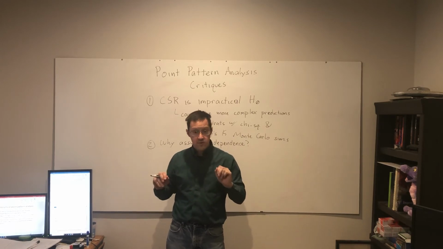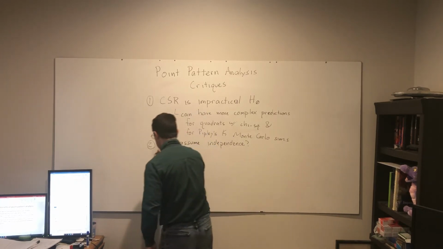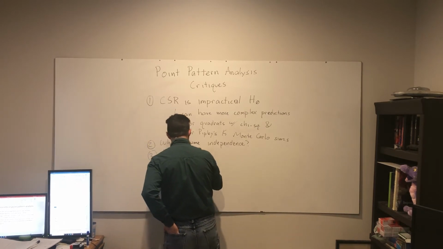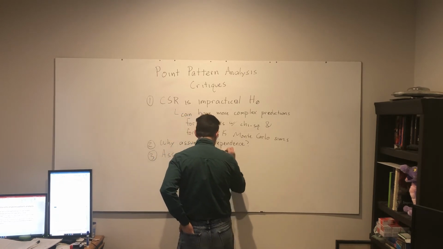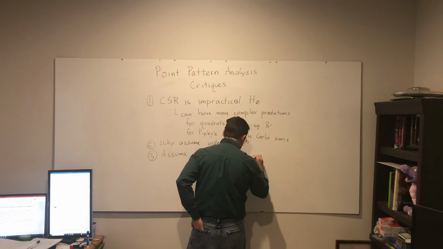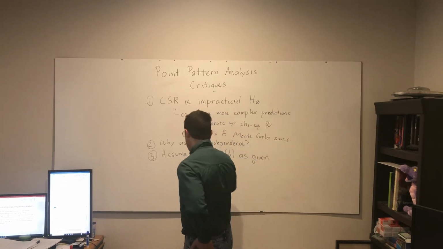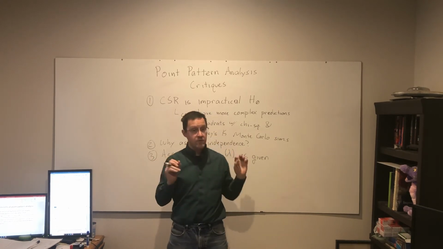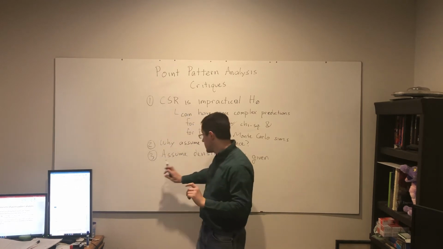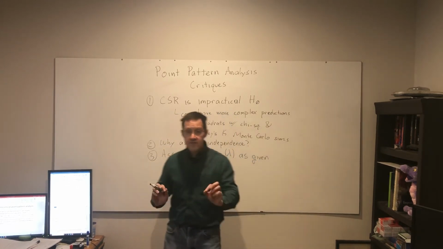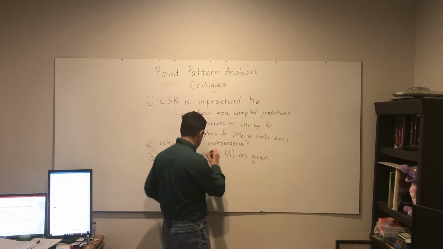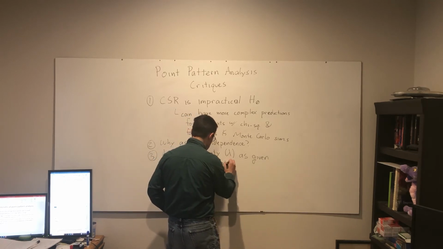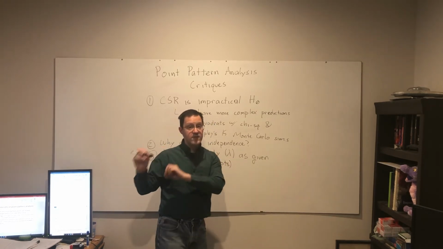The third critique doesn't necessarily have a really clear resolution like these first two did. But we are assuming the density of points, or the number of points, is as given.